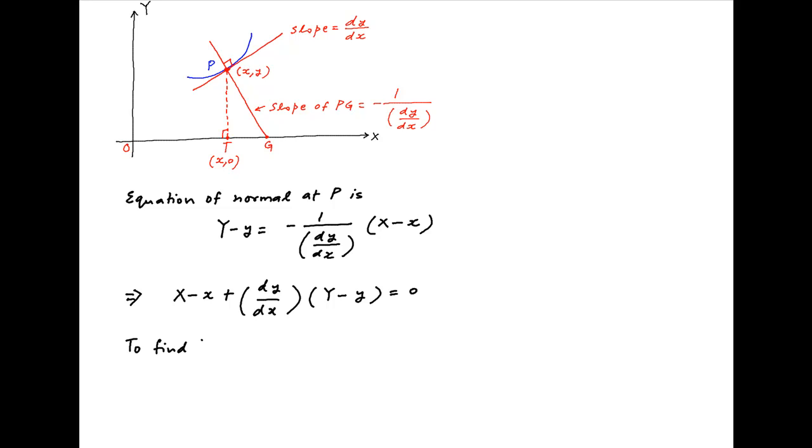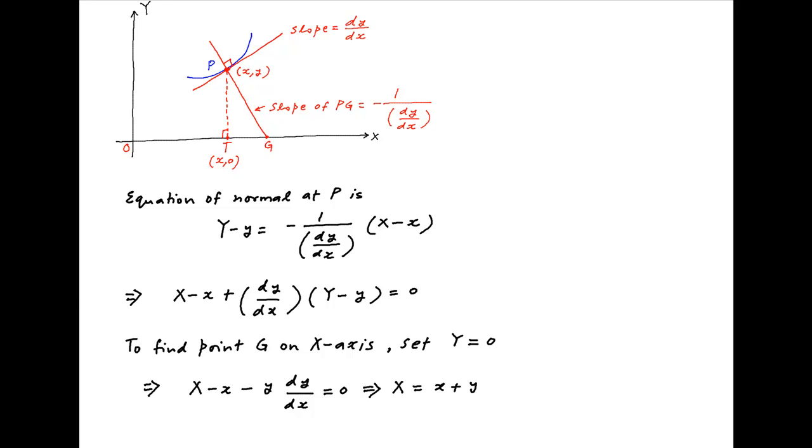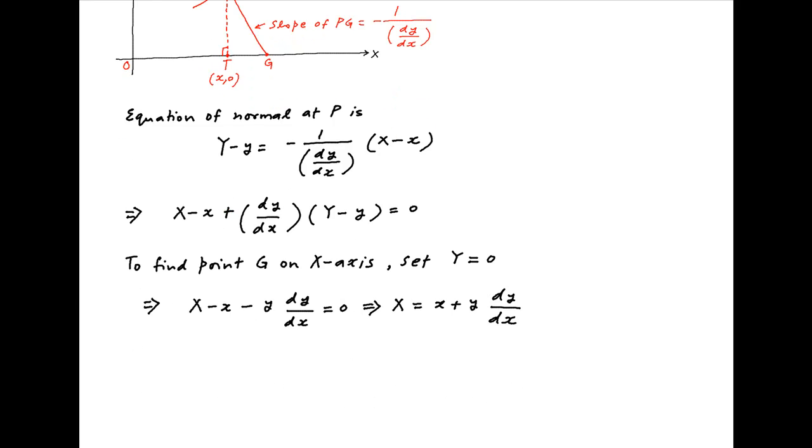Now, in order to determine the point G on the x-axis, we set capital Y equal to 0, and we therefore get capital X minus x plus y times dy upon dx is equal to 0, which implies that capital X, which is the abscissa of point G, is equal to x plus y times dy upon dx. Therefore, the coordinates of G are x plus y dy upon dx, 0.